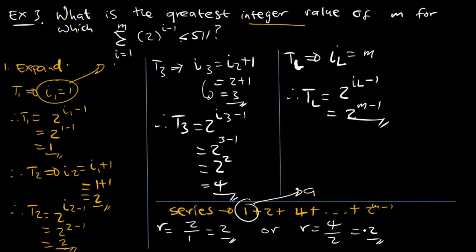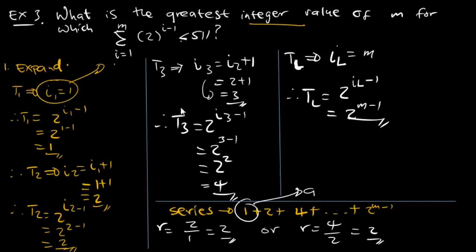So the value of R is greater than 1, right? Meaning Sn will be A times R^n minus 1 over R minus 1. Okay, so Sm will be A times R^m minus 1 over R minus 1.